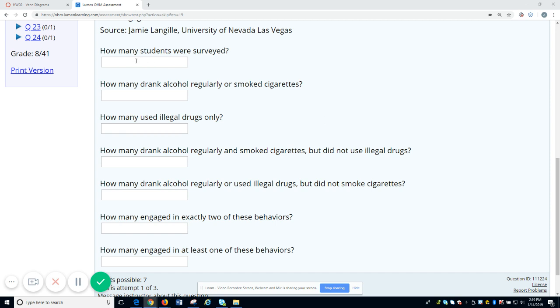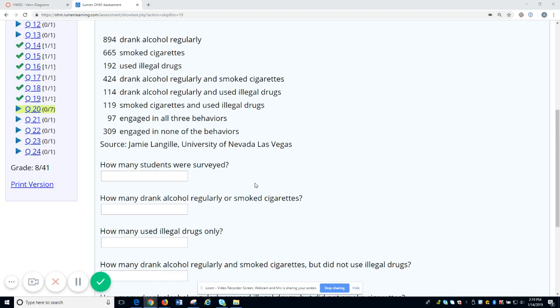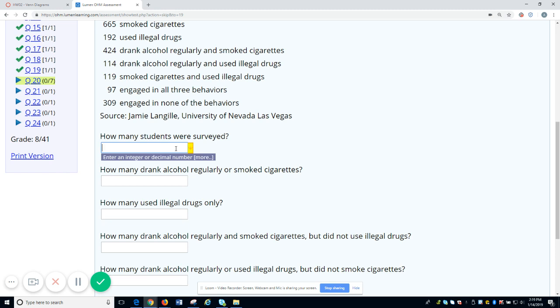So let's see. How many people were surveyed? Okay. So what I'm going to do to answer that question is I'm going to add basically all the numbers that I have placed in my diagram along with 309, that's the number of people on the outside.